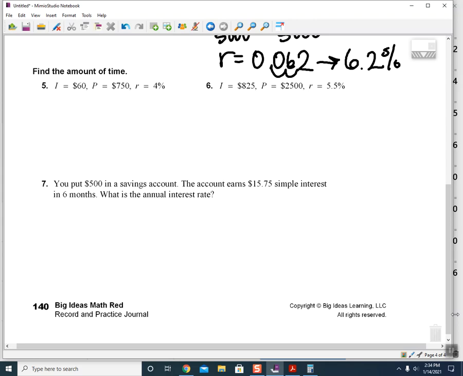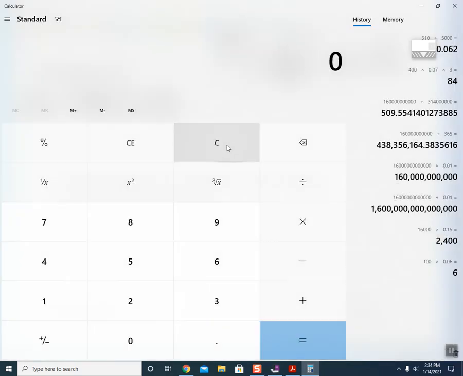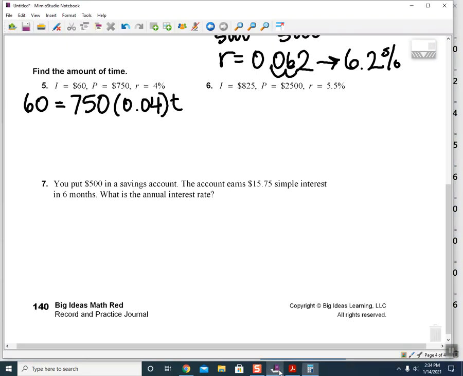So let's start with this one. My interest is 60. So 60 equals my principal, 750, times my rate, which was 4%, so 0.04, times time. Don't know what it is. So first I'm going to take 750 times 0.04 to see what that is. 750 times 0.04 is 30.